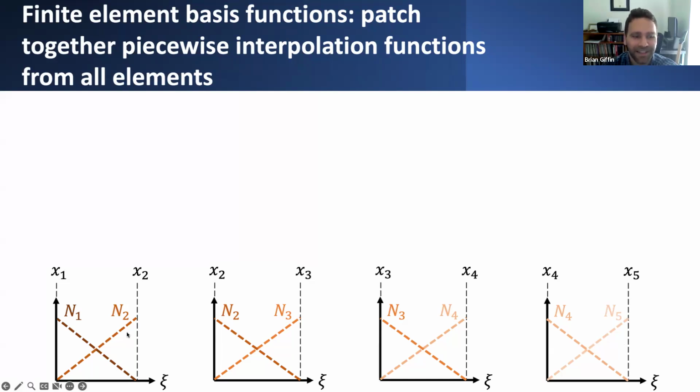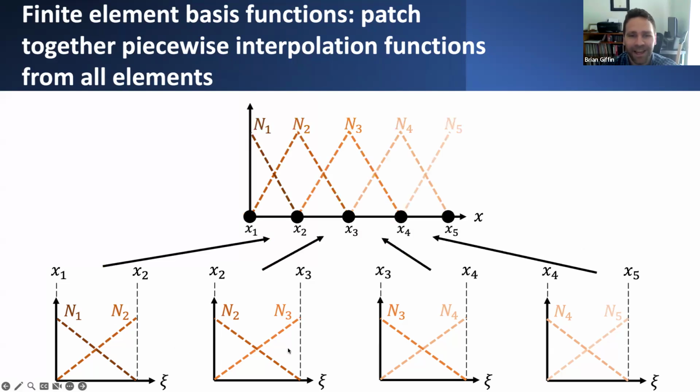So if I wanted to take these functions and piece them together to construct the basis functions defined over the full domain of interest for the problem, from x equals 0 to x equals L, I have to take these shape functions and basically pattern them together to form the actual basis functions for each individual node in this case. So I have as many of these basis functions as I have corresponding nodes where I have the solution values u1, u2, u3 defined.